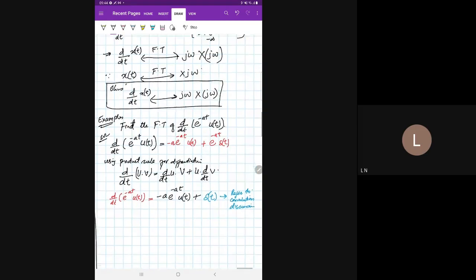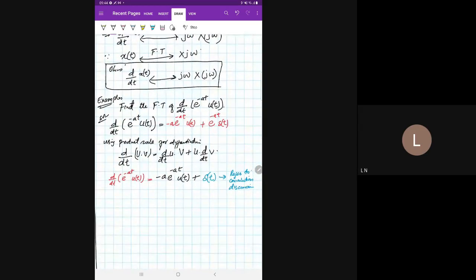Okay. So now see, if we take the Fourier transform of the above equation, taking the Fourier transform of each term and using linearity, we may write.